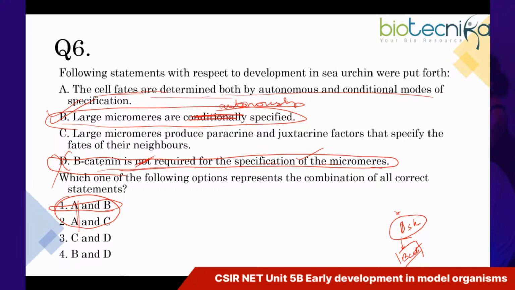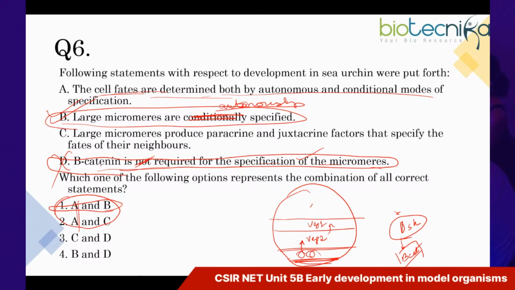The rest of the cells are specified conditionally also. Because I mentioned, you have the small micromeres, then you have the large micromeres. Large micromeres give signal to the cells lying above them to form wedge 2 cells. Wedge 2 cells give signal to the cells lying above them to form wedge 1 cells.